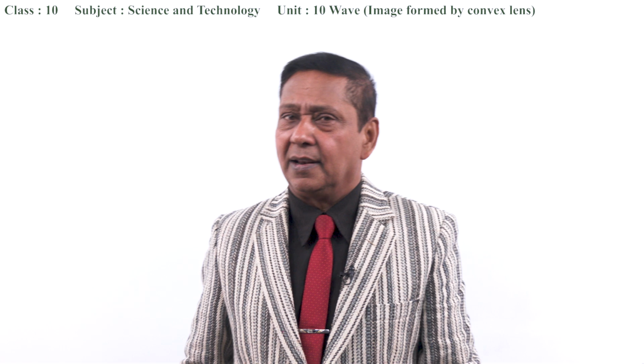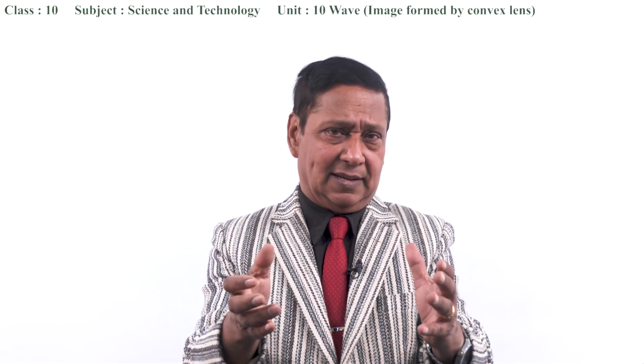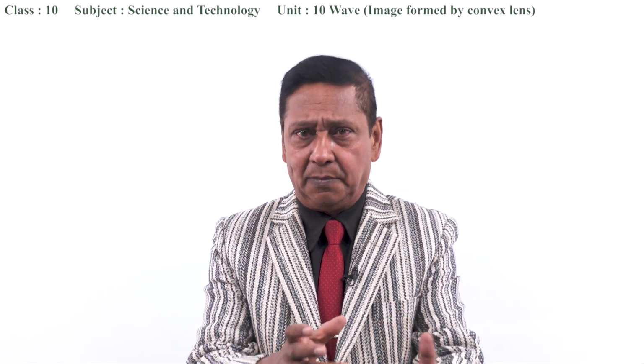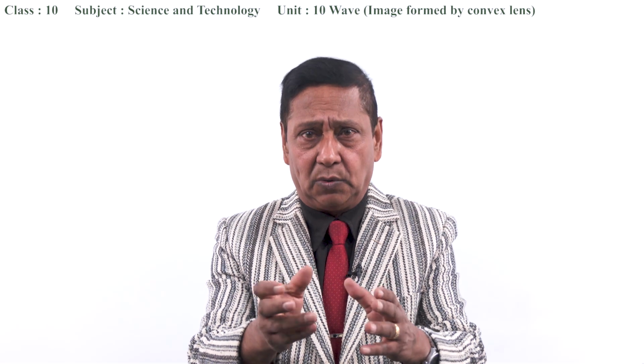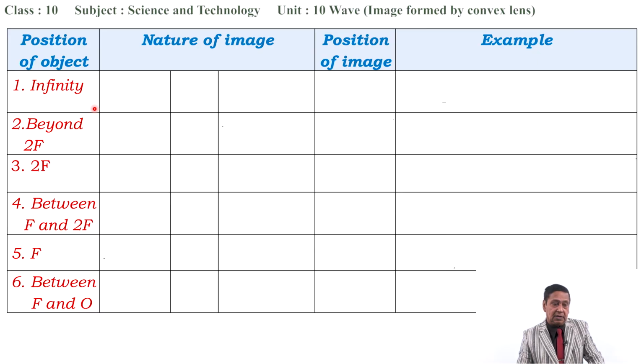Okay. Now let's take all this in the same table and compare them with each other. Look at this table. When the object is at infinity, beyond 2f, at 2f, between f and 2f, all these six conditions are shown here. Now in the first case, at infinity, the image formed is real.